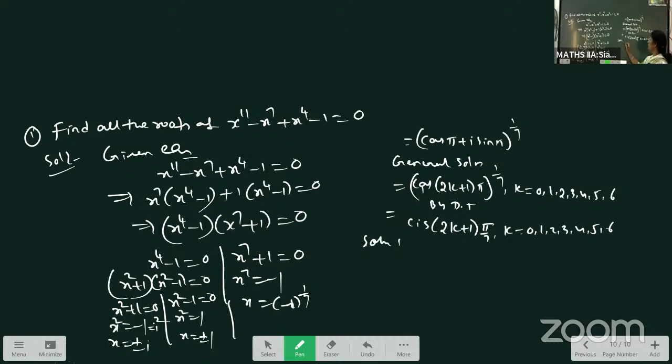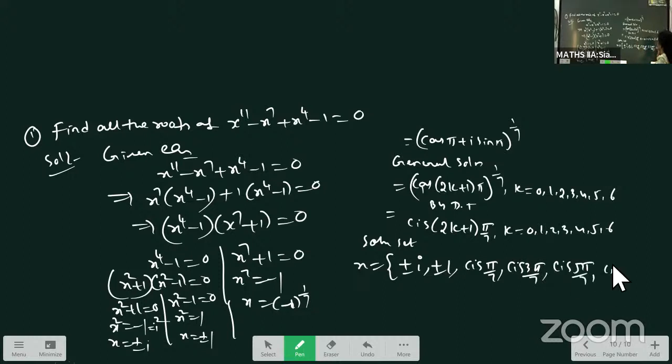So how do you write the solution set? x equals, first we got plus or minus i, plus or minus 1. And if you put k equals 0, this is pi by 7; k equals 1, 2 plus 1 is 3, this is 3 pi by 7; k equals 2, 2 times 2 is 4 plus 1 is 5, this is 5 pi by 7.